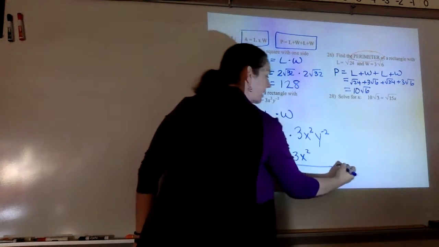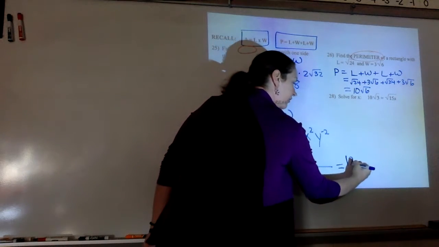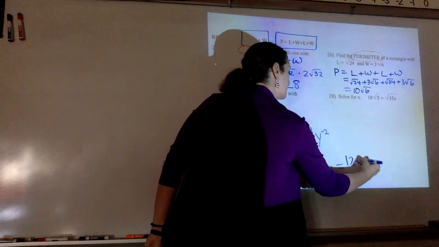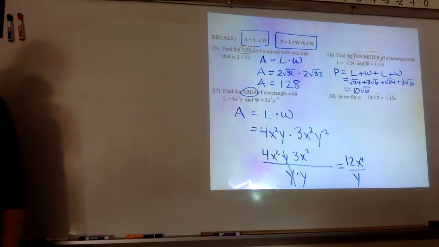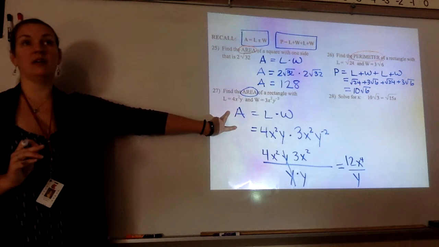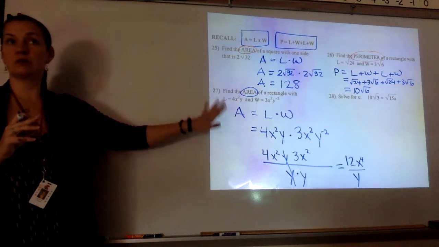Cancels. What am I left with? 4 times 3 is 12. How many x's upstairs? 4. And 1 y downstairs. That's it. You can get easy points just by plugging in here, even if you're not sure what to do next. You can earn partial credit.